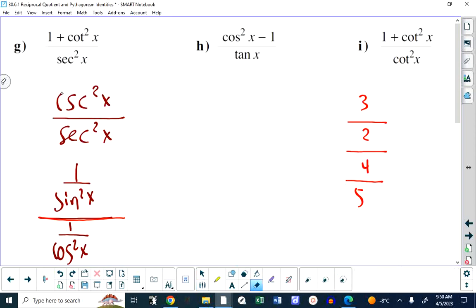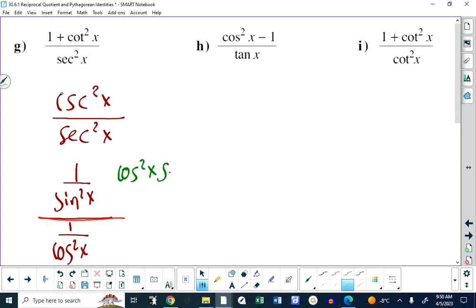I can multiply top and bottom of this now by cos squared of x and sine squared of x. On the top, these cancel. On the bottom, these cancel. Kablam. You're left with cos squared of x over sine squared of x, which is the answer.